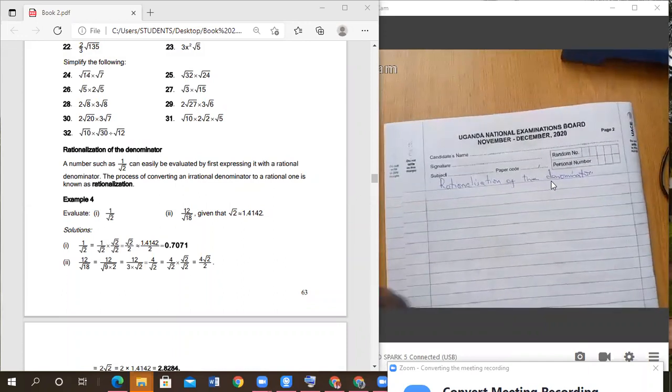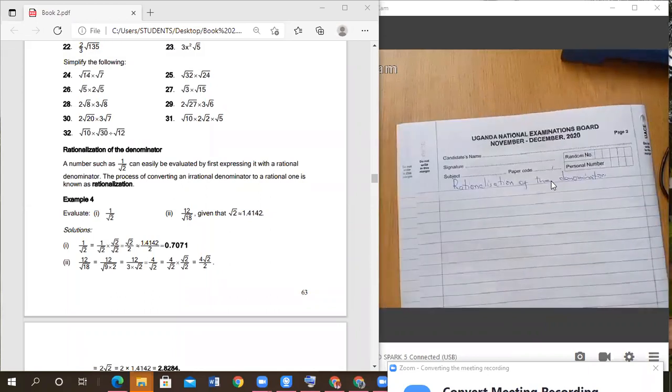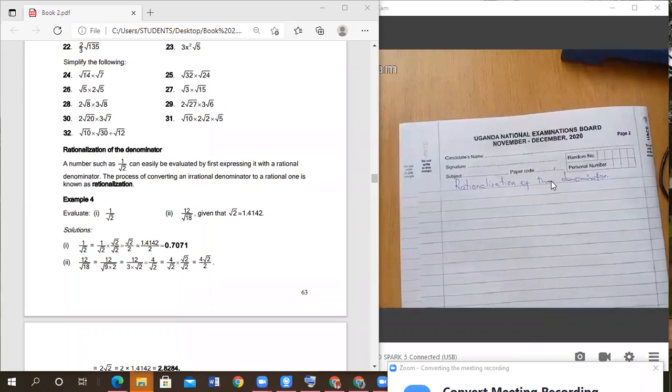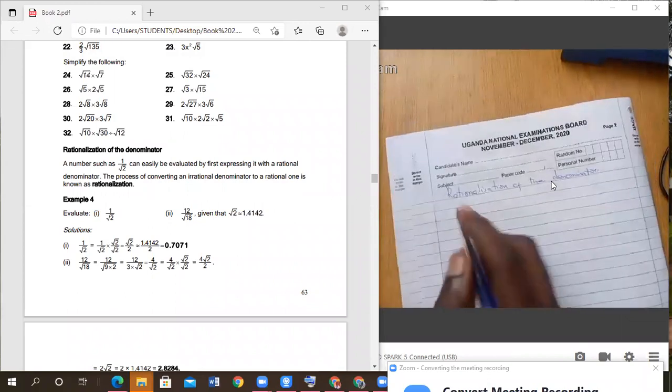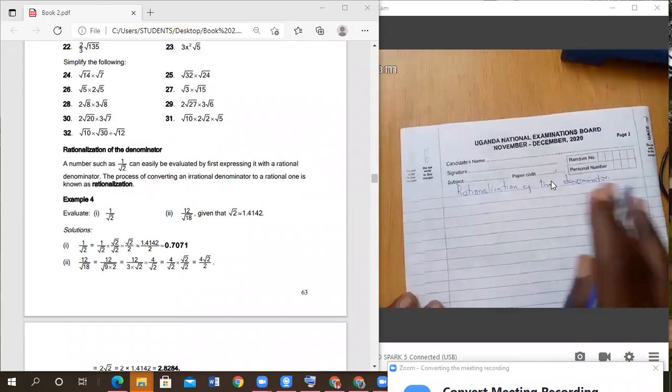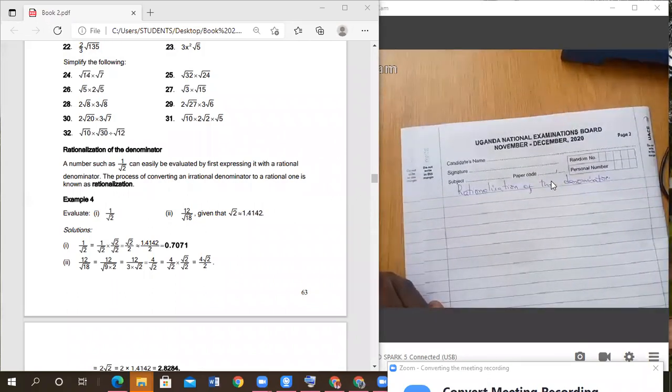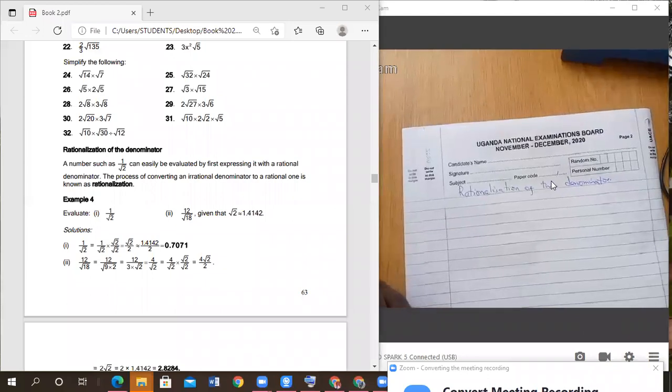We said a number such as 1 over root of 2 can easily be evaluated by first expressing it with a rational number. Can you be writing down, please?